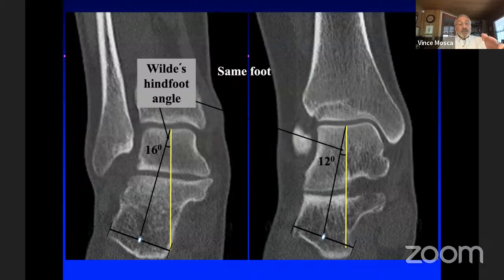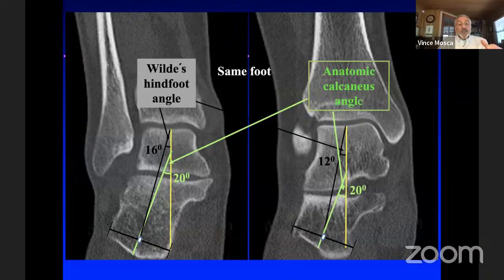If you use the points that Wild used to draw the hindfoot angle, the angle is going to change or vary from slice to slice. Whereas if you use the anatomic calcaneal axis, it's the same no matter what slice you're using. So not only is the anatomic axis of the calcaneus reliable, reproducible, and doesn't change from slice to slice, it also gives you a very different number than Wild's angle for what they thought was too much calcaneal valgus.